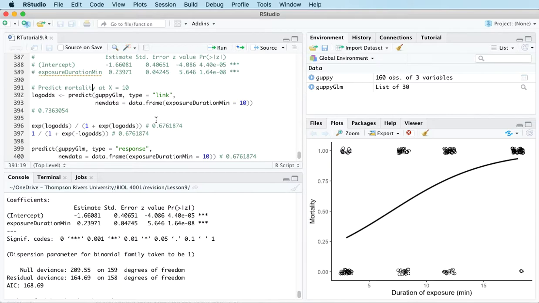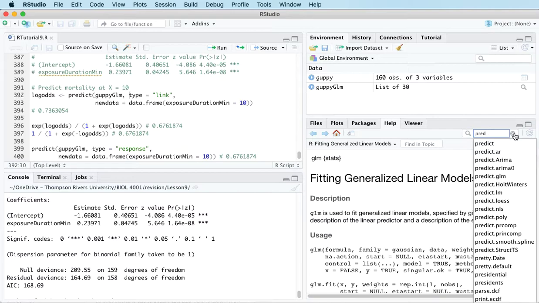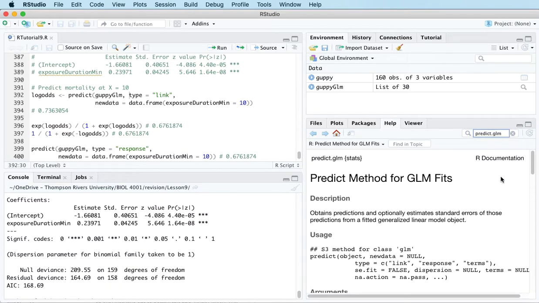So how do we actually get those probabilities? We can do it longhand and actually use the logistic regression equation and calculate it all by hand, but it's much easier to just use the predict function. If we look at the predict function, there's lots of different types of predict function, and the one we want is predict.glm.